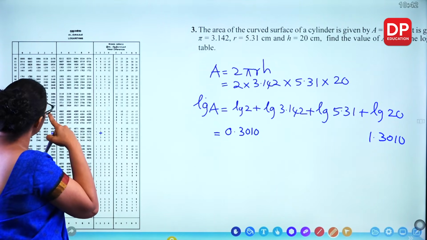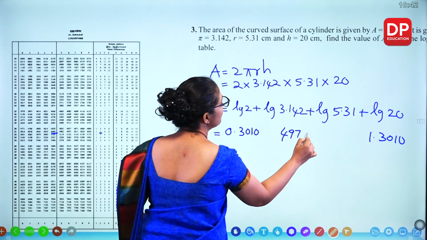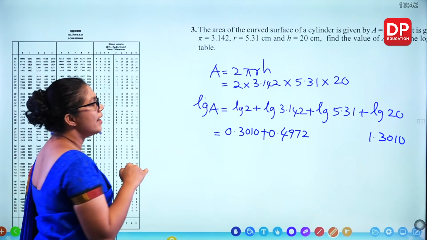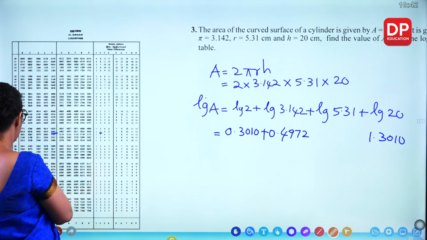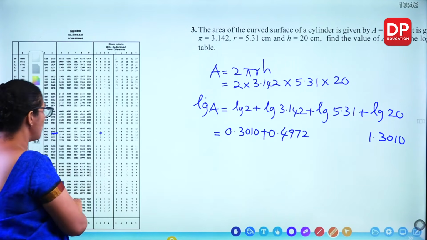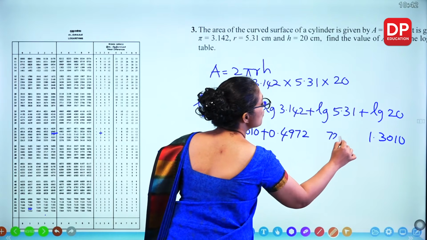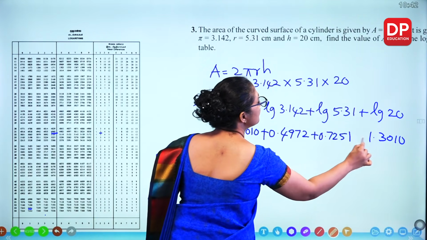Adding 3, you get 4972, and the characteristic is 0. And 53, 1 is 7251, and the characteristic is 0.